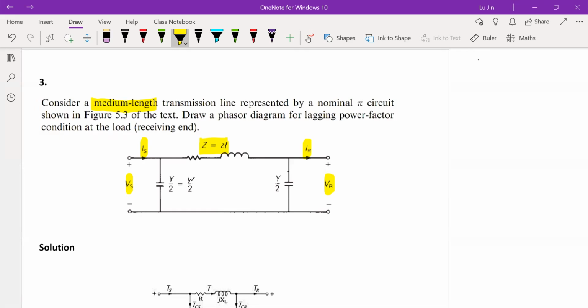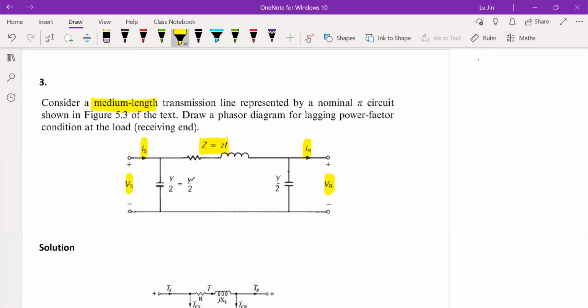But what are the new factors in medium length transmission lines? For medium length transmission lines, the total admittance cannot be ignored anymore. In other words, we have to consider the total admittance. We treat the total admittance of the medium length transmission line as the combination of two lumped capacitors.